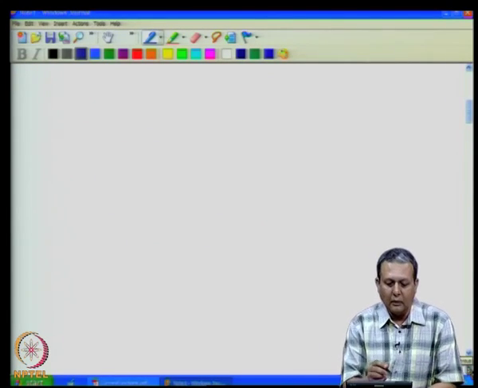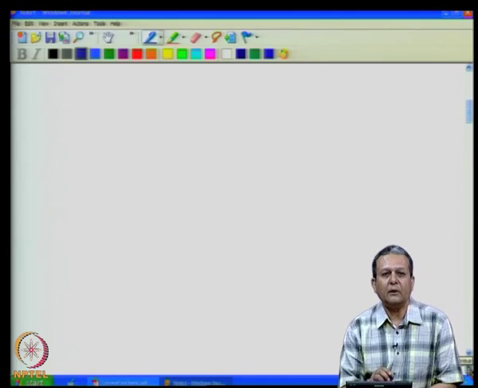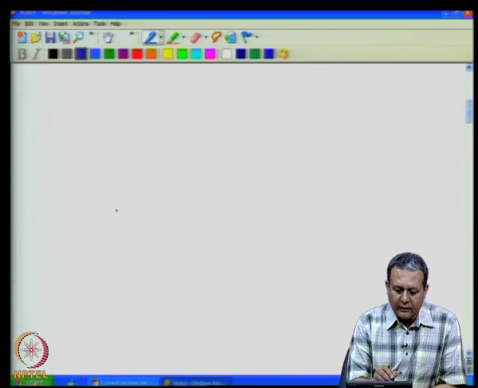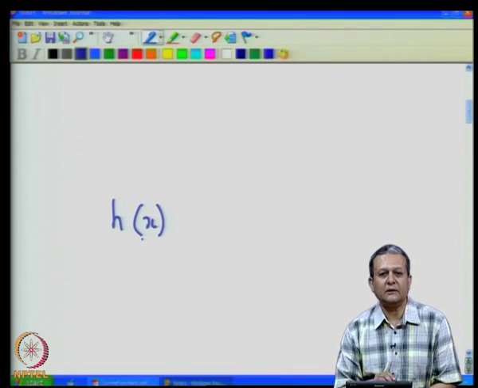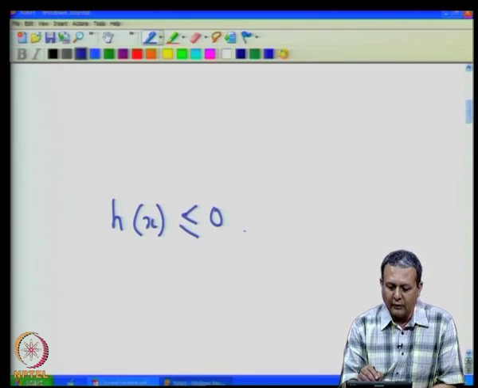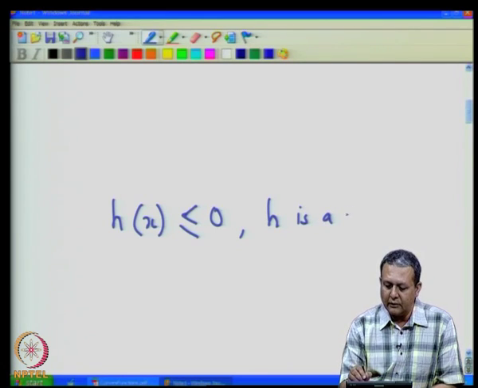Now, what we have seen is that if the function is convex, then the level set of the function is convex. So, let us take a function h(x) where h is a convex function, and let us take the set h(x) less than or equal to 0.